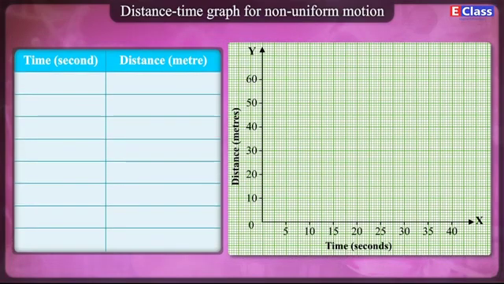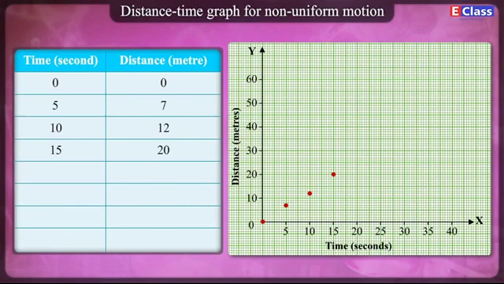Time in seconds, 0. Distance in meters, 0. Time in seconds, 5. Distance in meters, 7. Time in seconds, 10. Distance in meters, 12. Time in seconds, 15. Distance in meters, 20.